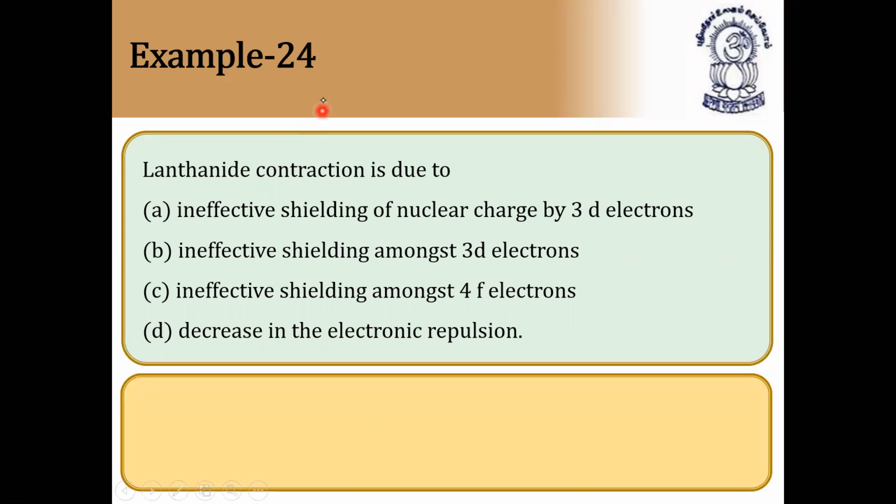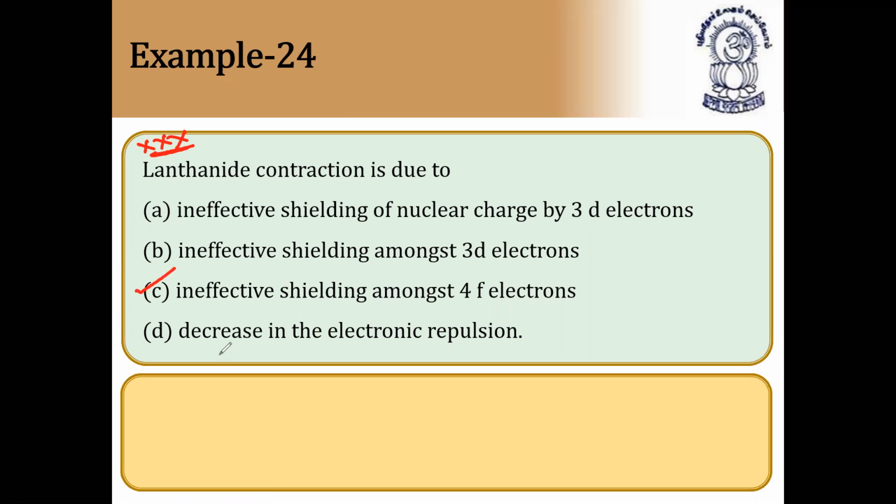Lanthanide contraction is due to, as I told you, this question is very important. The consequences of lanthanide contraction, that is, the effect of lanthanide contraction, they have asked in so many years and so many entrance examinations. Lanthanide contraction is due to ineffective shielding of nuclear charge by 3d electrons, or ineffective shielding amongst 4f electrons.